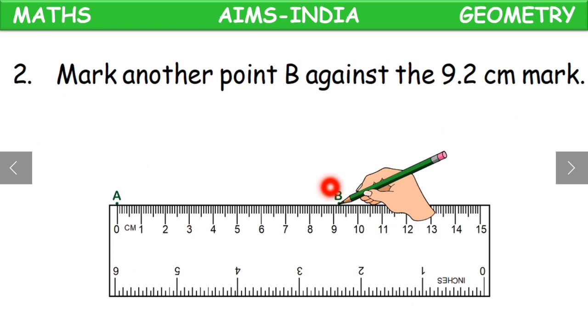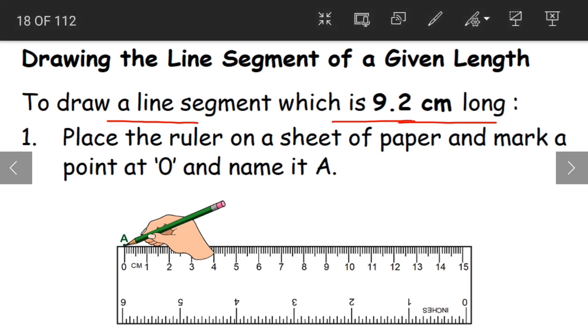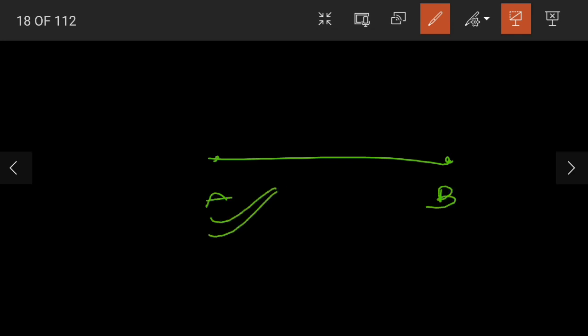Now next, mark another point B against the 9.2 centimeter mark. As we know that a line segment has two endpoints, say A and B. Now we know that the first endpoint always coincides with 0 centimeters, so we have marked the point at 0 centimeters. Now what about the other endpoint?